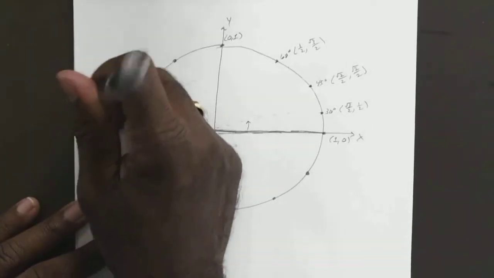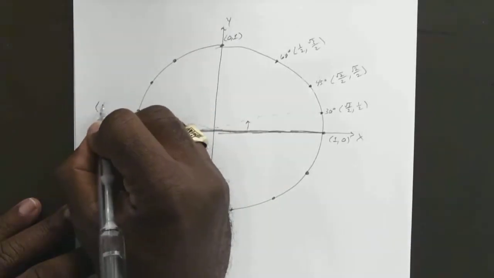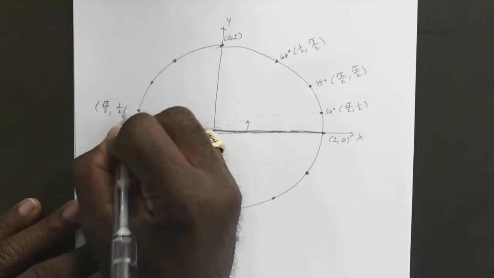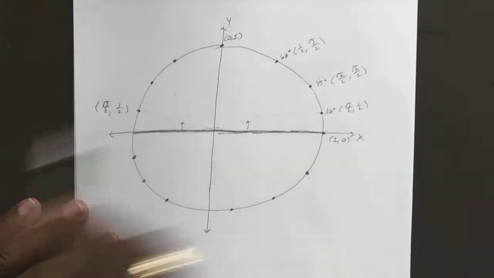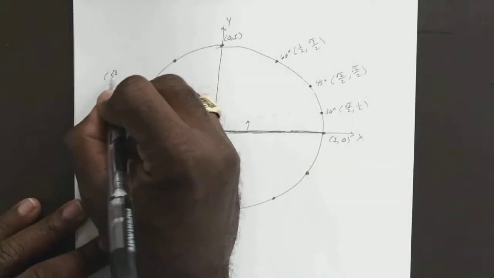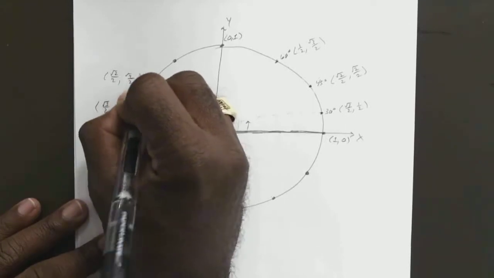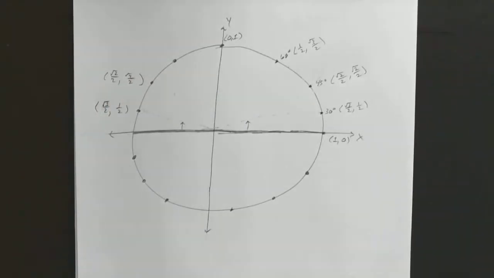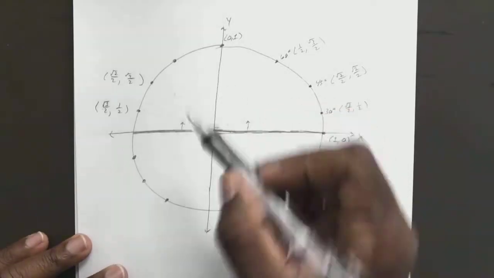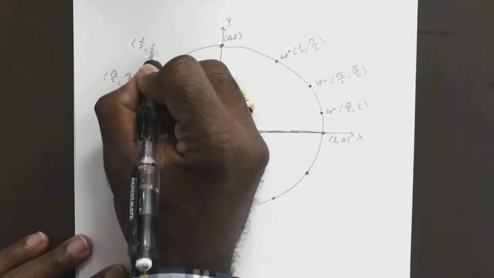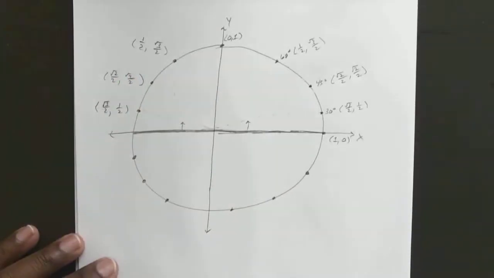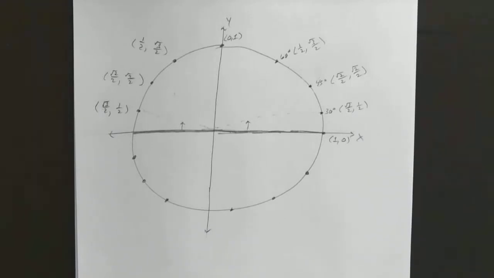And if we swung it up to 45 degrees here, we'll be at the same square root of 2 over 2, square root of 2 over 2. Okay. So if we swung that up 60 degrees here, we'll be right at 1/2, square root of 3 over 2. So I'm going to leave those there for now because we still have to tweak it a little bit.